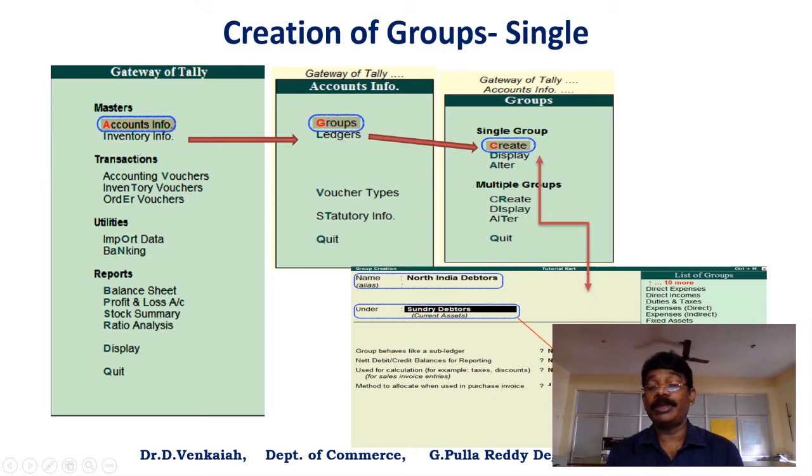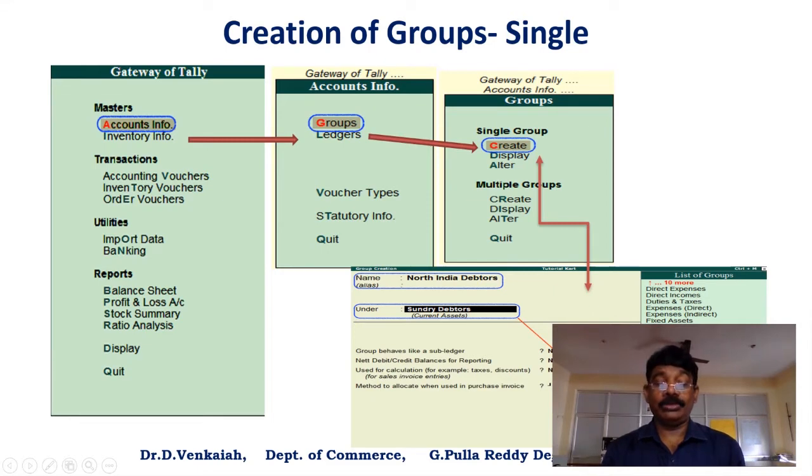Group behaves like a subledger: if you want to make it a subgroup, then make it yes. Net debit and credit balance to be reported, say yes or no, that is your wish. Use calculation for tax, yes or no. Method to allocate when used in purchase invoice. If we are taking any invoice, then we have to put a yes or no for this. Okay, so this is single group creation.